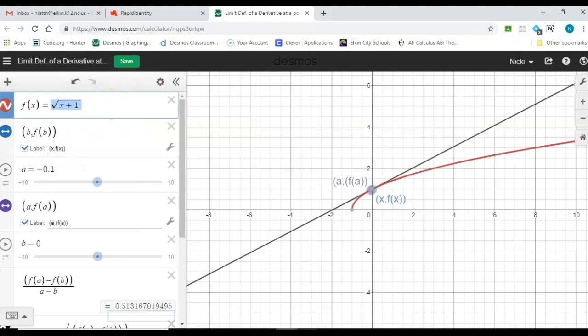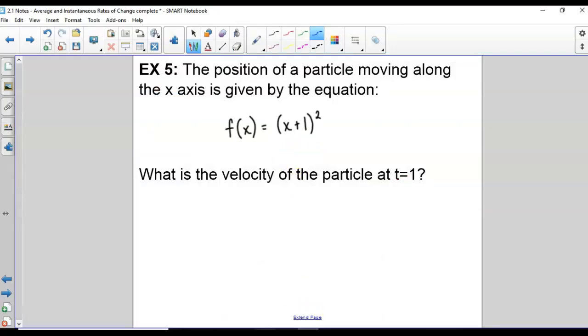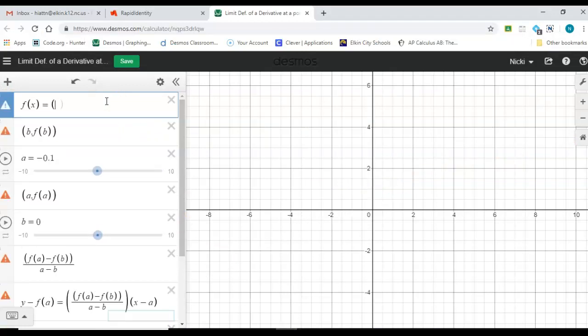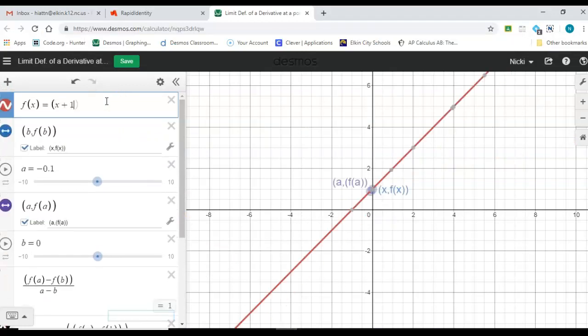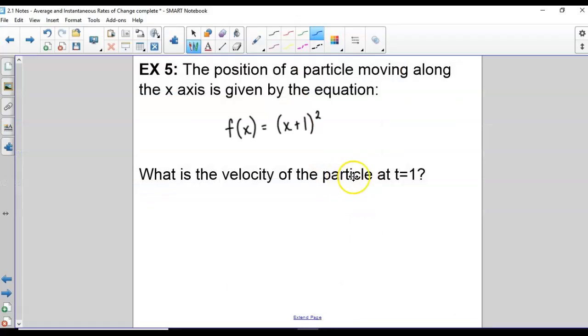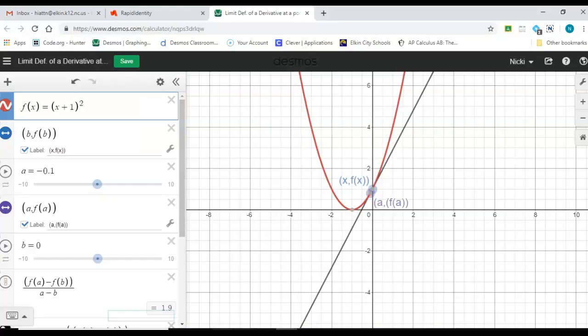So, what was that equation again? x plus 1 squared. So, x plus 1 squared. And we want to know where t equals 1.